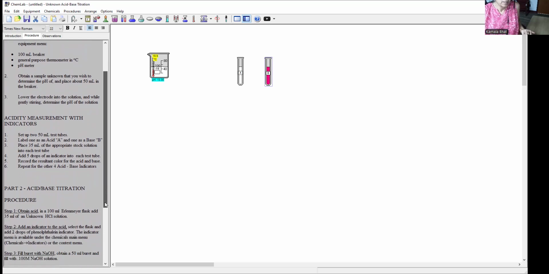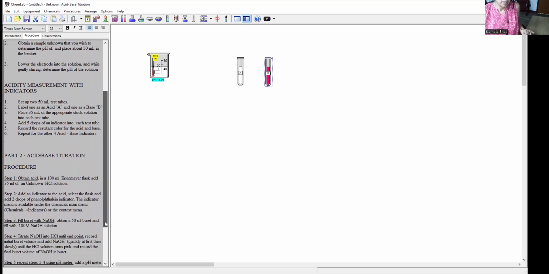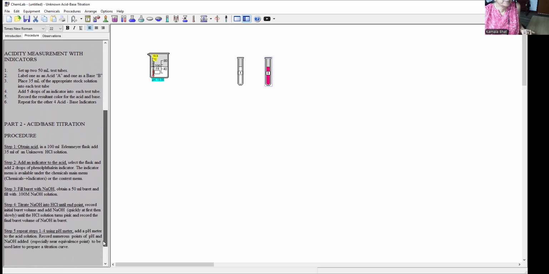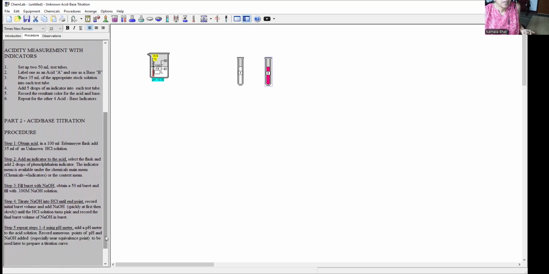After that, we are going to do the titration part. And this titration part, you have to do with 2 parts, because the first part will be visual and the second part will be with an electrode or pH meter. So let's do the first one with the visual.